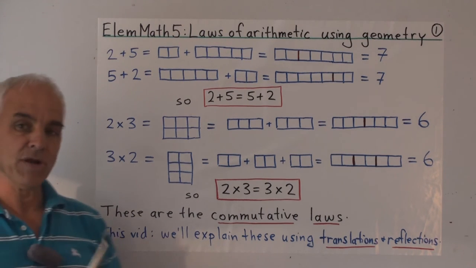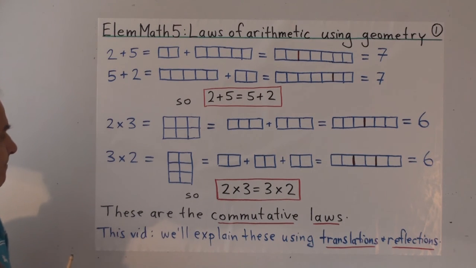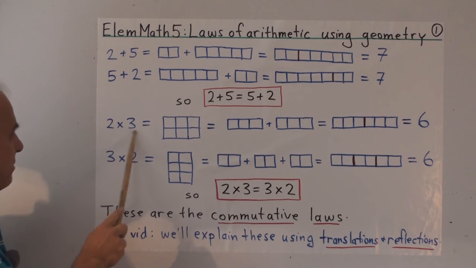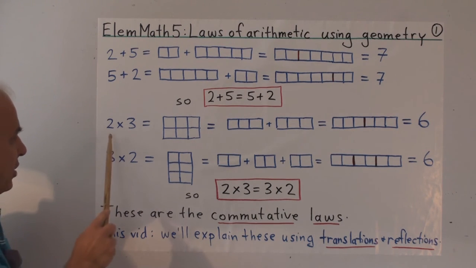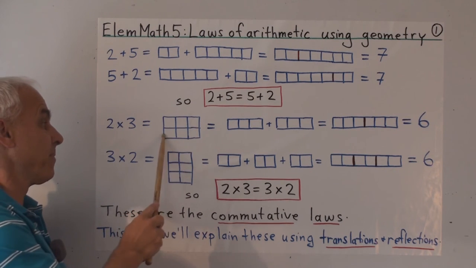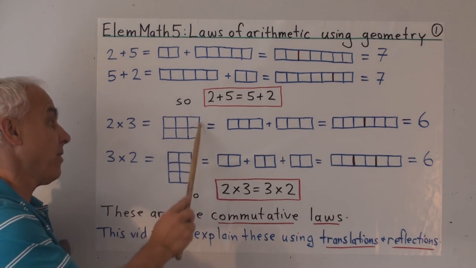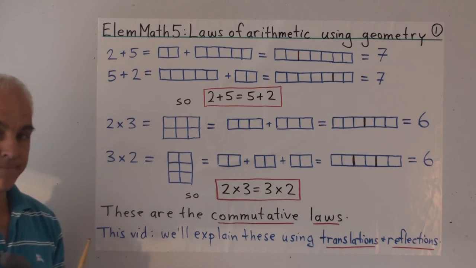There's also a commutative law for multiplication, which is a little bit more subtle. So here's 2 times 3. We're thinking geometrically. 2 times 3 by definition is the number of cells in a rectangle whose dimensions are 2 and 3.